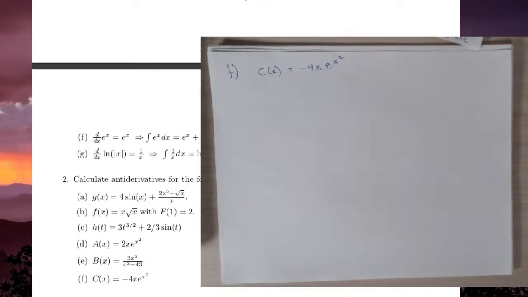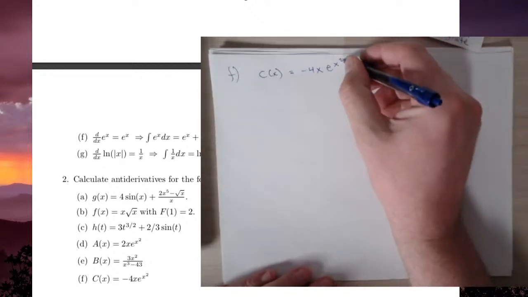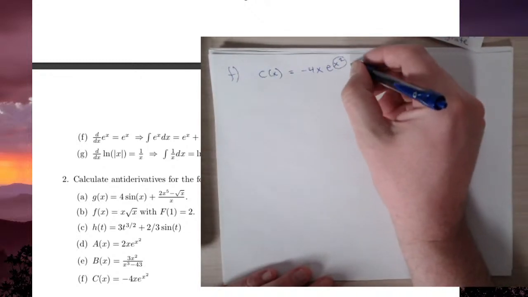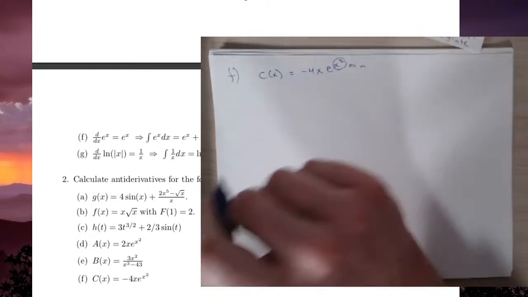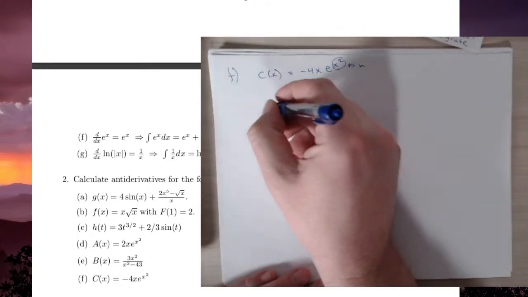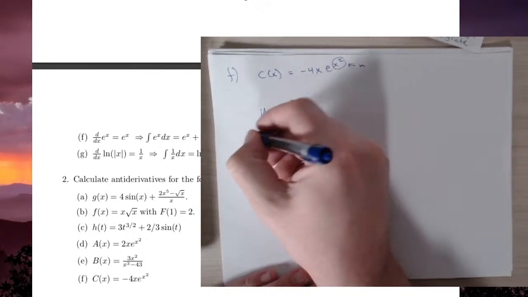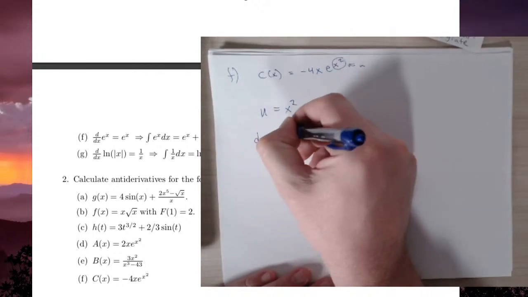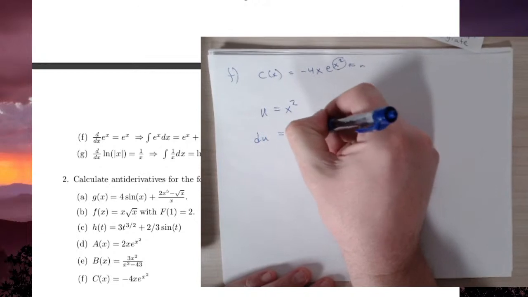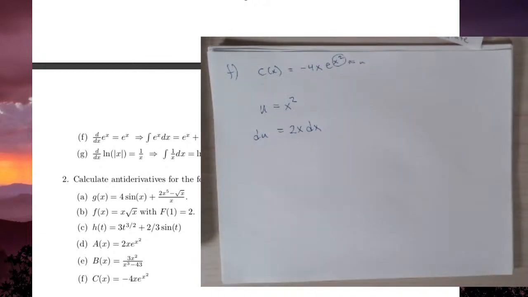Obviously, this is the obvious candidate for u. It's also the correct candidate for u. So if u equals x squared, then du equals 2x dx.